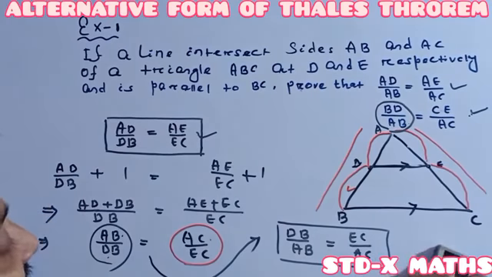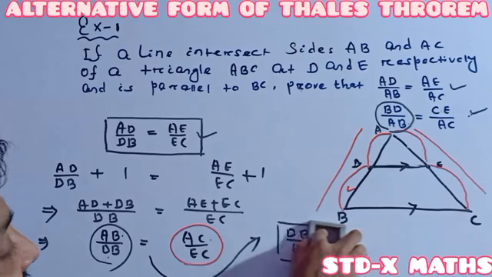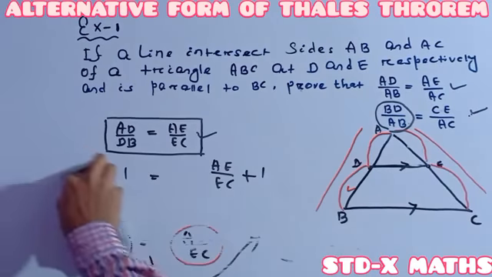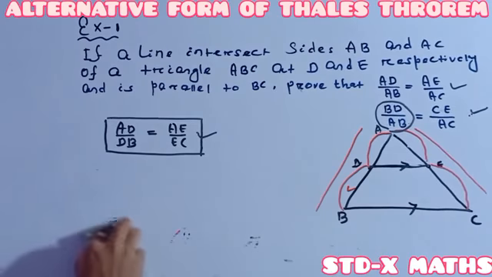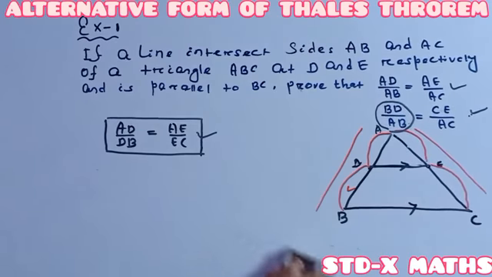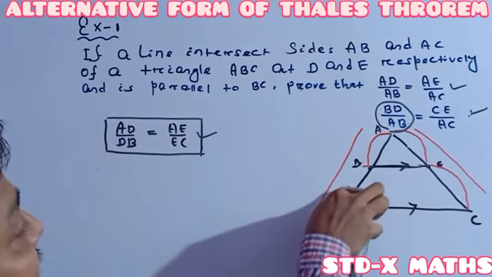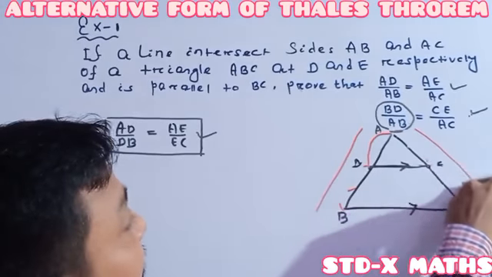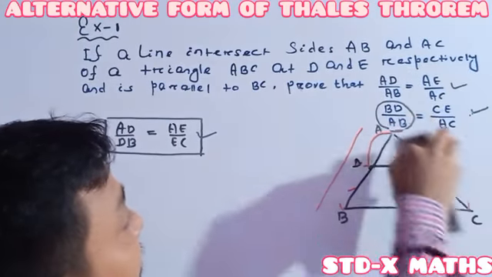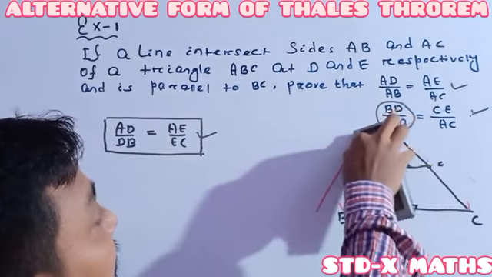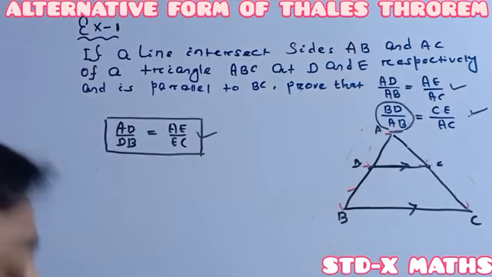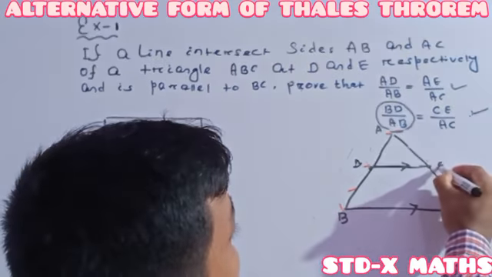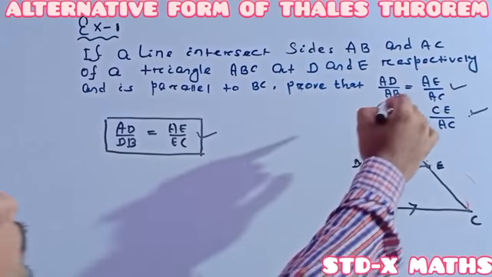I am erasing this result. Then I have to prove the first type.